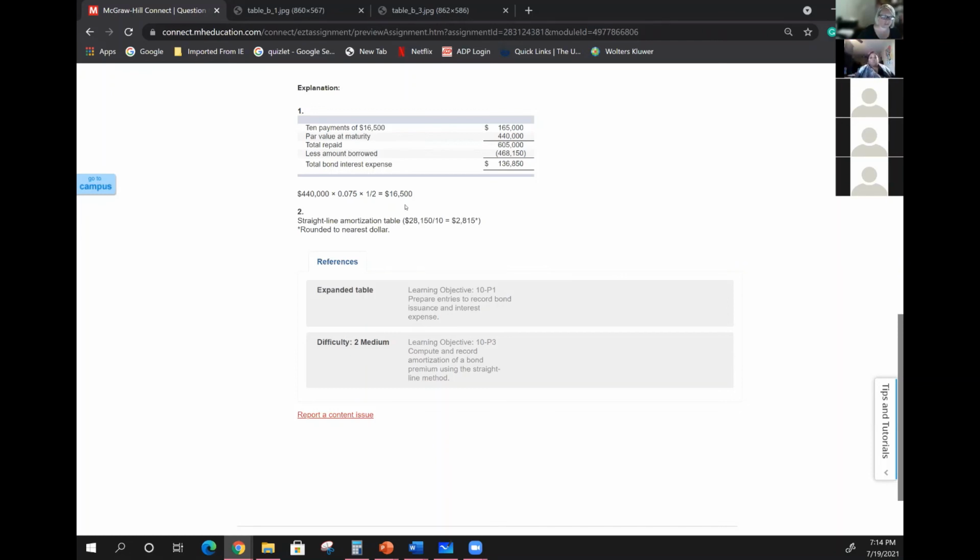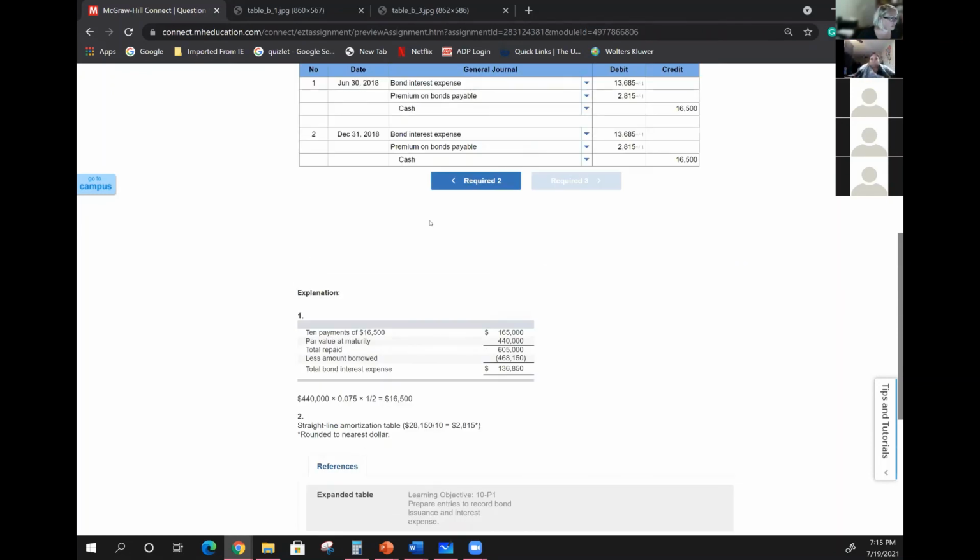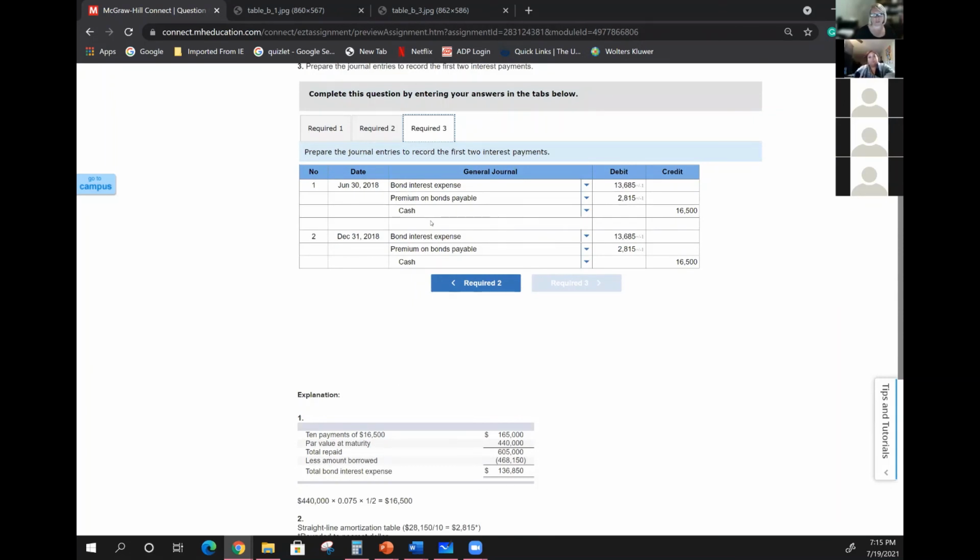And then when you finish paying, you do the same entry that you do on either one of these: you're paying out cash of 440,000 and you're debiting your bonds payable at 440,000 to remove it off the books. So once you set the bonds payable up, when you make the sale of the bonds, it stays until maturity or you call it back.